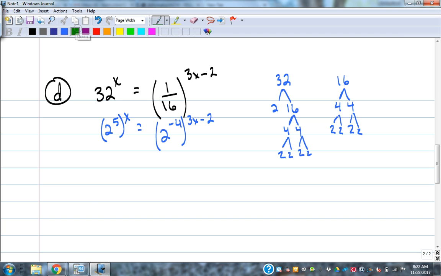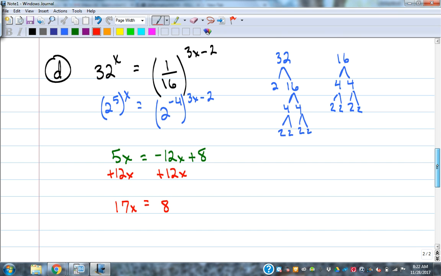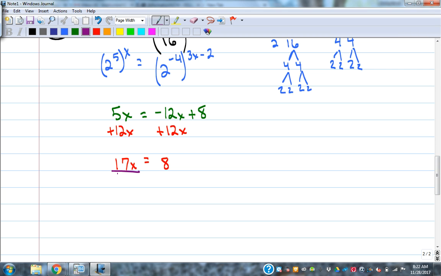Okay. The bases are now the same, so we just multiply the exponents. 5x equals -12x plus 8. Get x by itself, and then divide by 17.